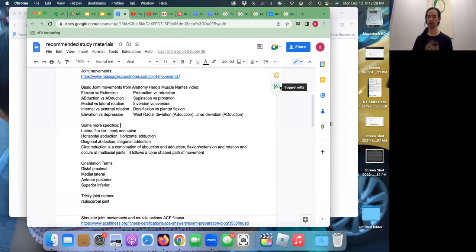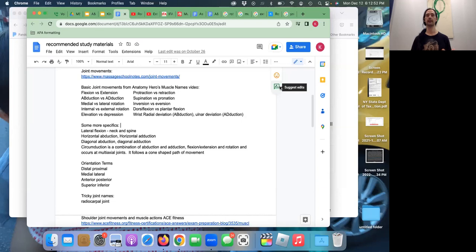You recall that at the beginning of tonight, I said flexion of the head at the neck, extension of the head at the neck, and those are correct terms. You will see them. I just want you to be prepared that they may say it that way. Flexion of the head at the neck versus neck flexion, it's the same thing.